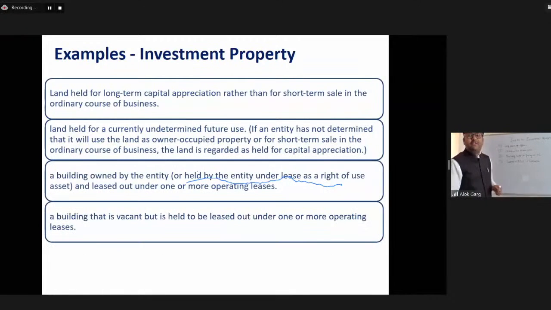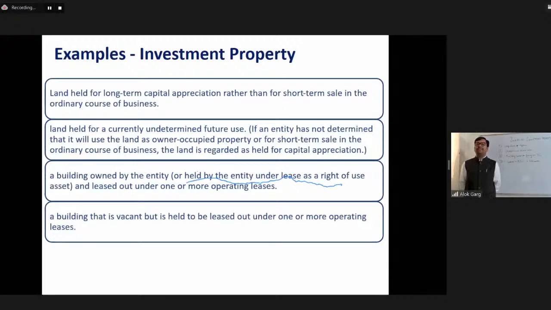A building that is vacant but is held to lease out under one or more operating leases. Sir, what will happen? A company has purchased a building, okay, and the building is lying vacant. There is no tenant. The objective is to earn rental, but the building is lying idle. Then what will happen? The answer is it will still be regarded as an investment property.